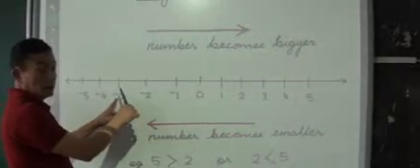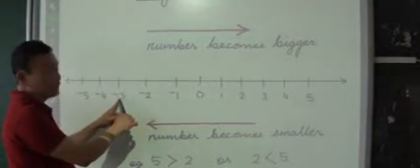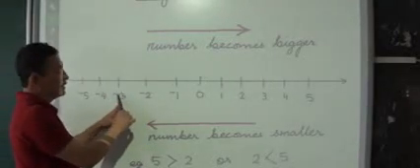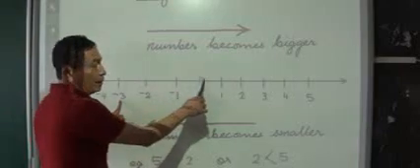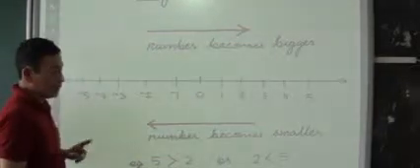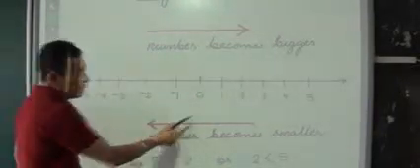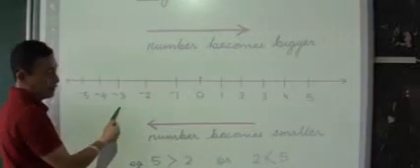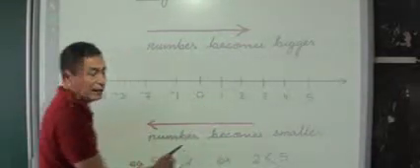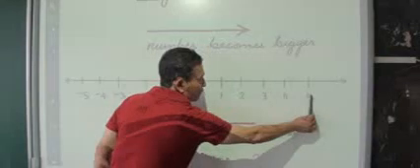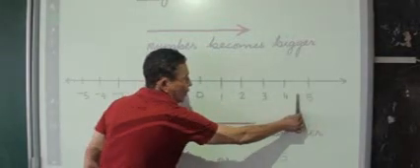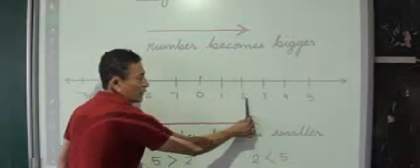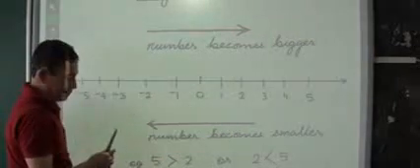Similarly, over here, if you start moving to the right from -3, these numbers become bigger and bigger. On the other hand, if you move towards the left, the numbers become smaller and smaller. Let's say we start moving from 5 towards the left, the number automatically becomes smaller. You can see this very clearly.